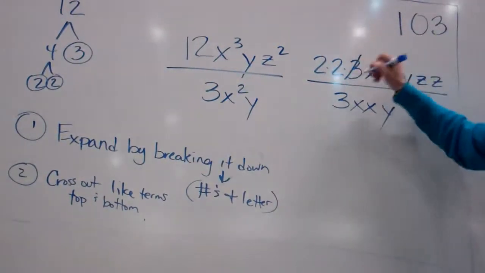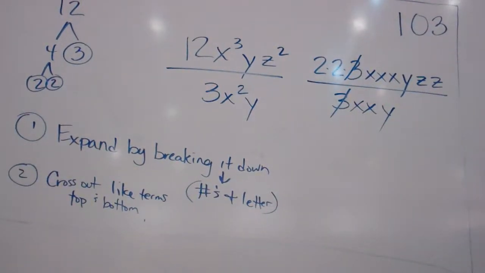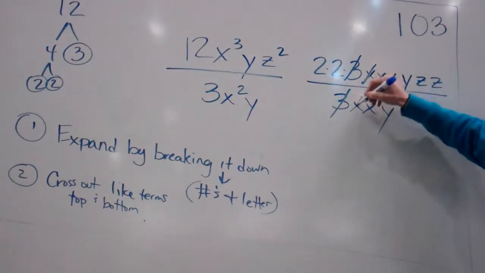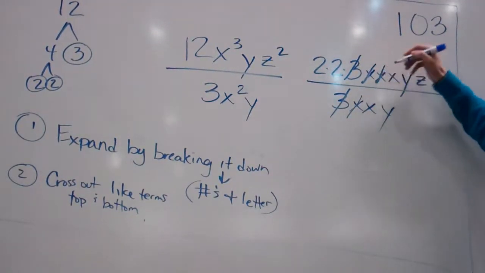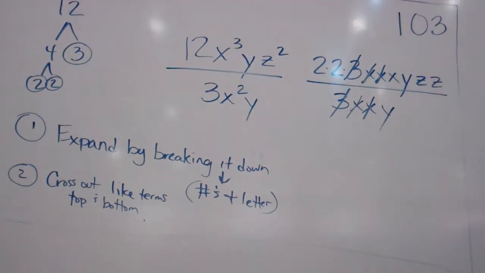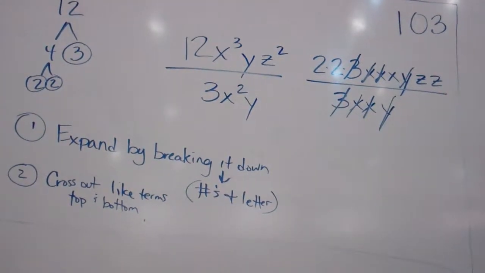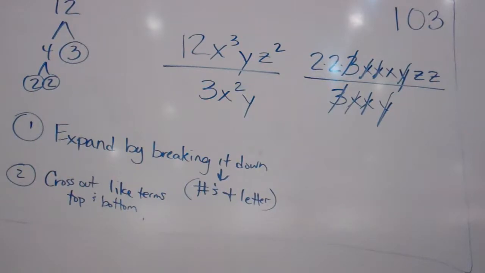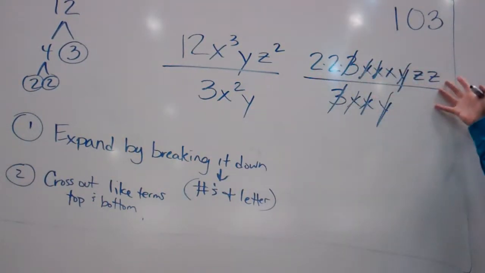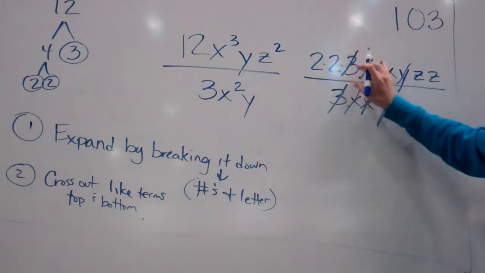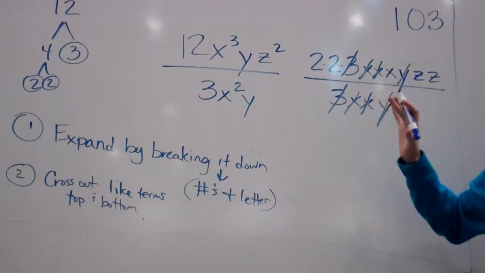So 3 and 3 cross out, 1 x with another x on the bottom, and then a y with a y. Does everybody see how we did that? Now, all we do is finish the problem off. So basically everything that's been crossed out needs to be erased.